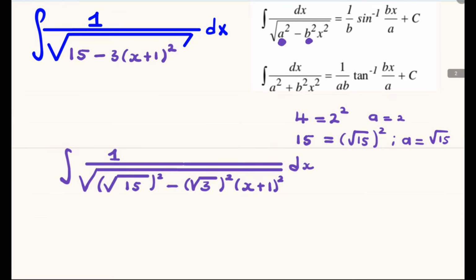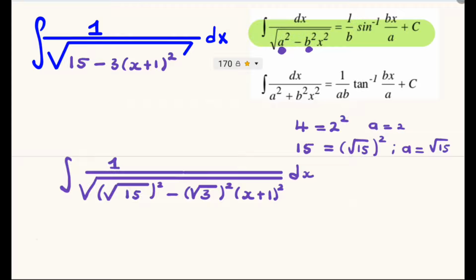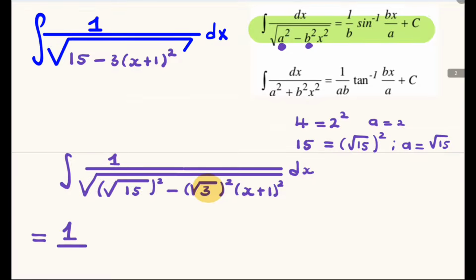And now we match what we have there on our formula sheet, and this will be equal to 1 divided by b, but our b is equal to the square root of 3.